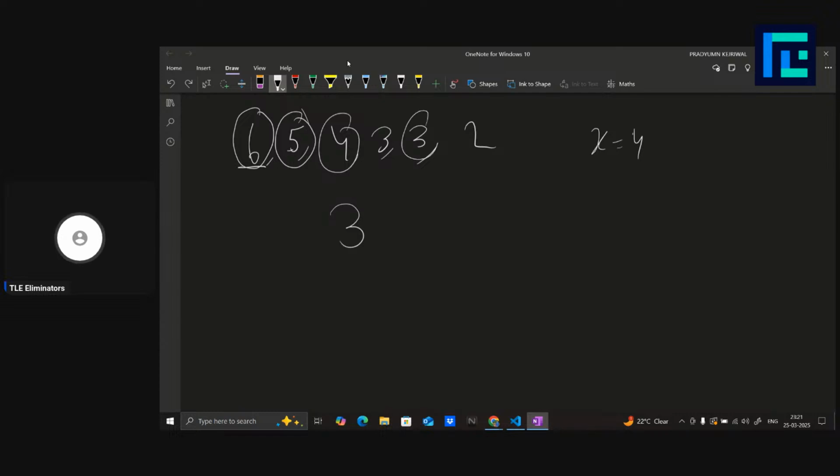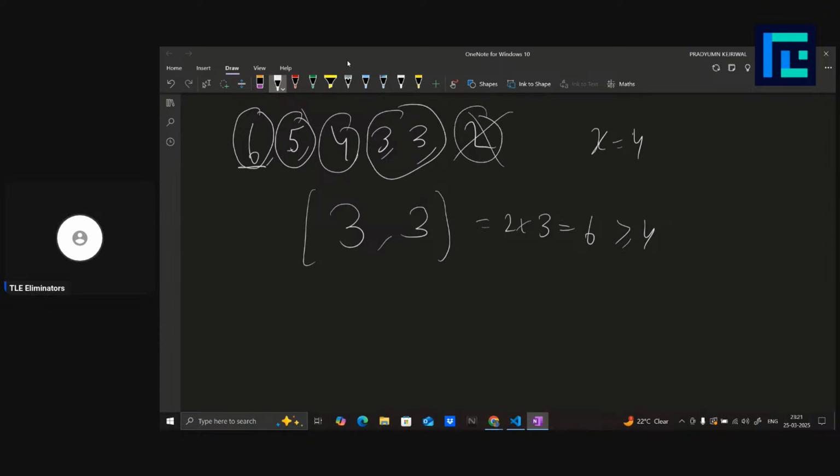So let's take this element as well. Now the team becomes 3 comma 3. What is the strength of this team? It is 2 into the min element, which is 3, so 6, which is greater than or equal to 4. So we'll take these two elements, and finally we cannot take 2. So therefore our answer is just 4 teams.